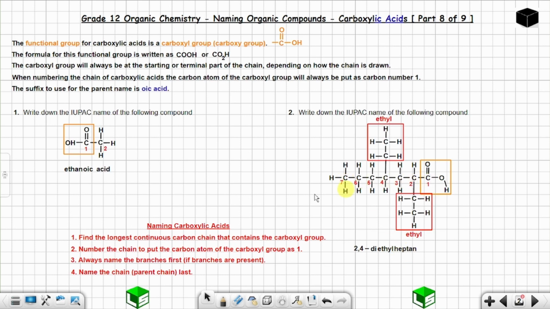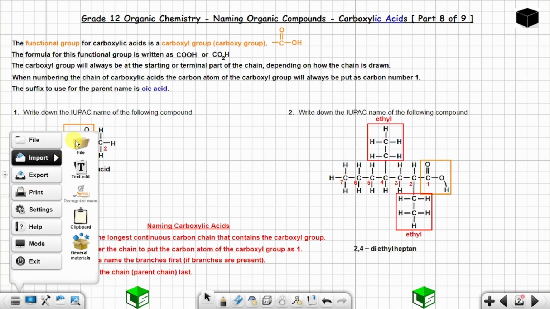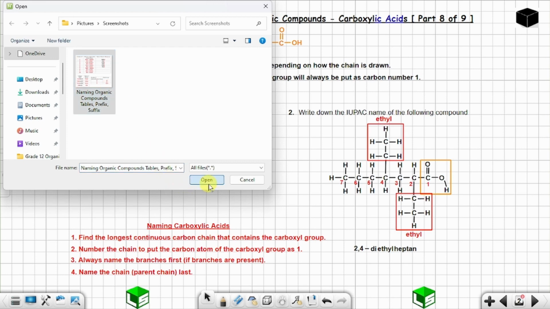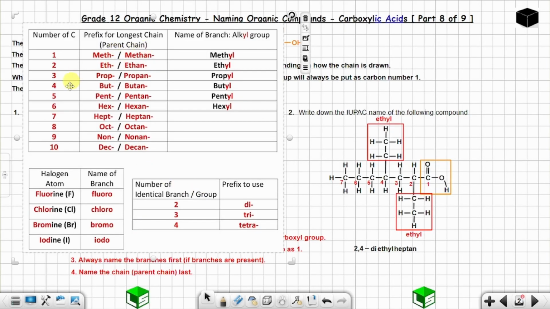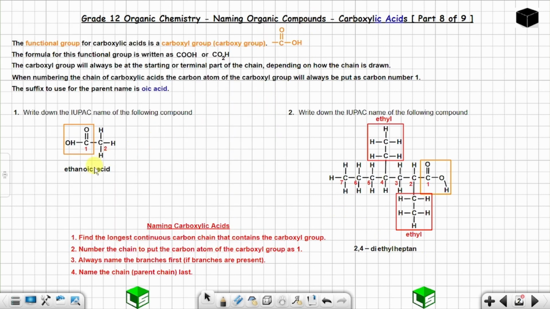You are going to follow this with the suffix oic acid, the suffix to use for the parent name. You don't have to specify where your carboxyl group is.